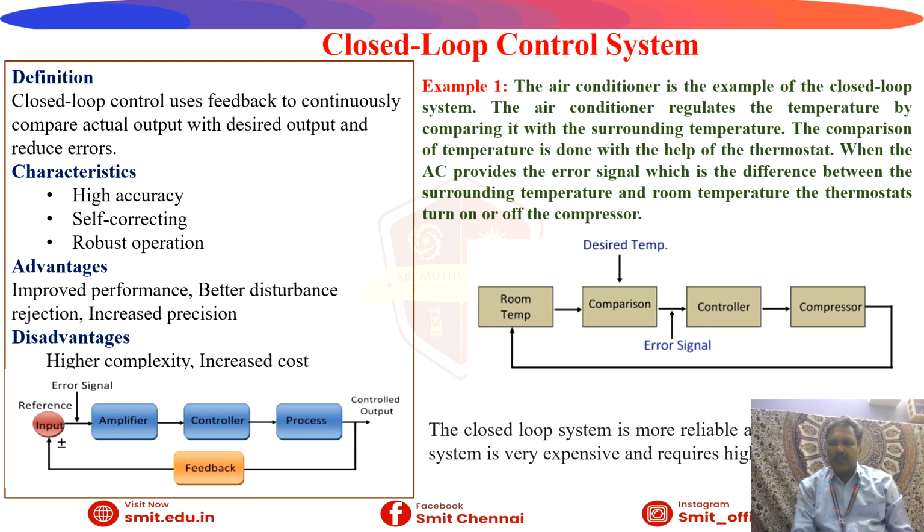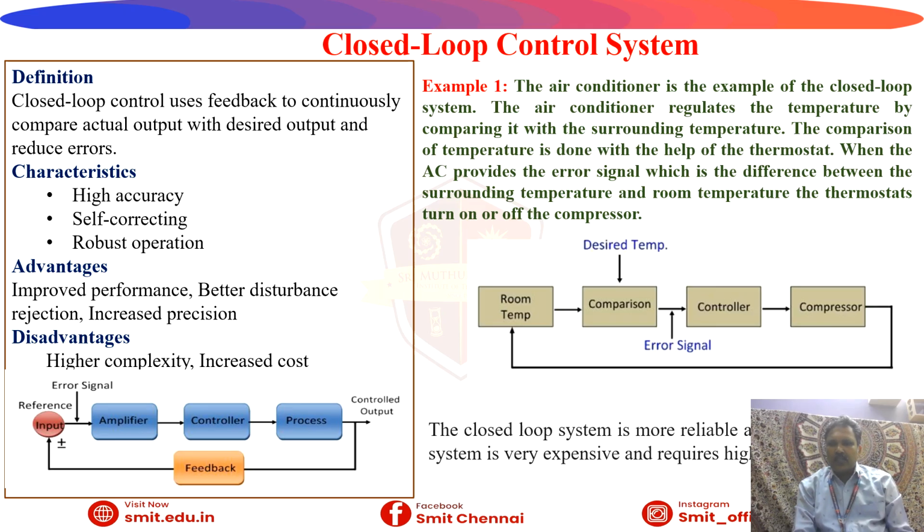Normally in our houses we have split AC, with an indoor unit and outdoor unit. Whenever the temperature is not reached properly, what will happen? Once you set the temperature on the remote, that temperature should be reached properly. 24 degrees centigrade means the temperature inside the room should be maintained at 24 degrees centigrade.